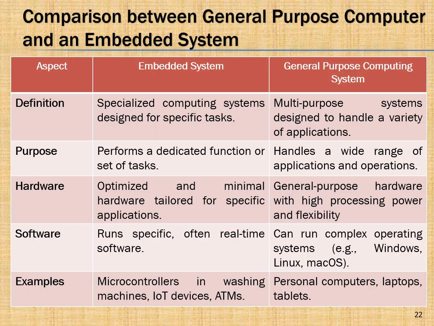The purpose of embedded system is dedicated function and a very specific task, whereas general purpose can handle a wide range of application and operations.